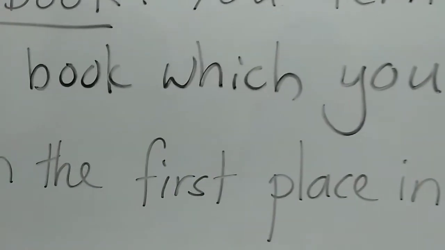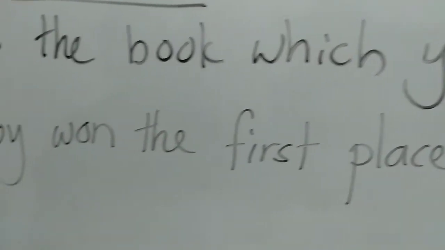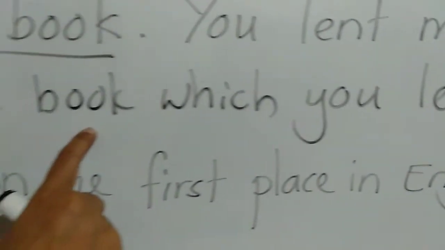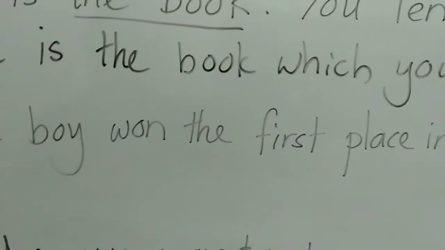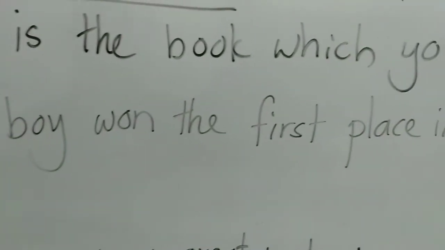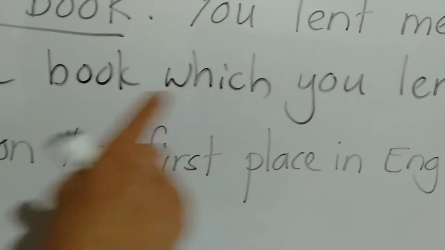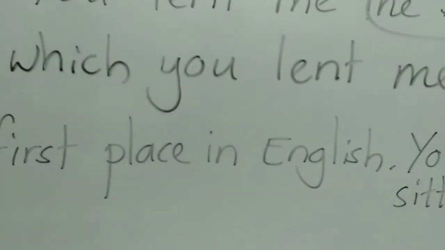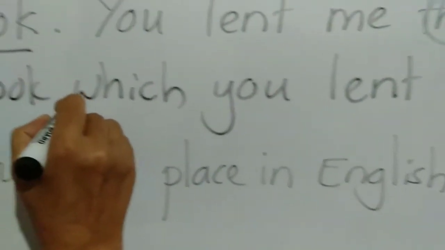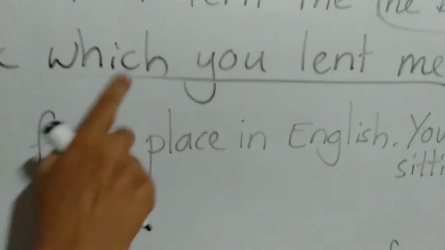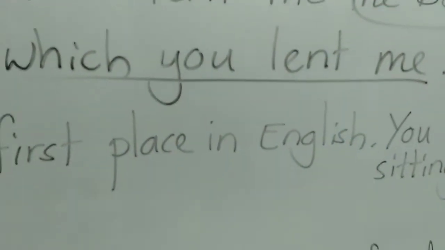I think you understood. Next thing, I want to remind you whether this sentence is defining or non-defining. That also I taught you in the previous video. This book, you carefully see this relative pronoun which you lent me.